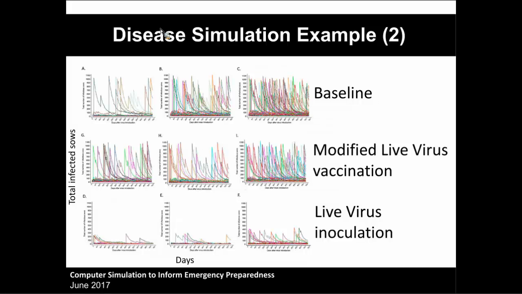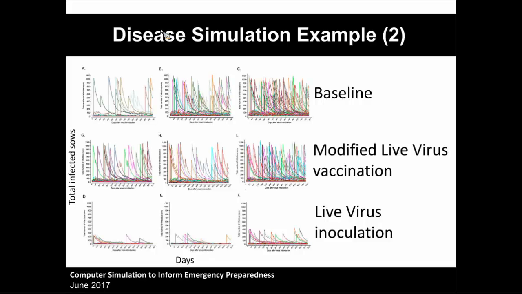So the figure shows the size of the epidemic after an introduction of a PRRS infected sow in a herd after 60 days of isolation, run over 100 simulations. It's a very busy slide, so I'll go over the figures one by one. The x-axis shows the days after virus introduction, and the y-axis shows the total number of infected cells.